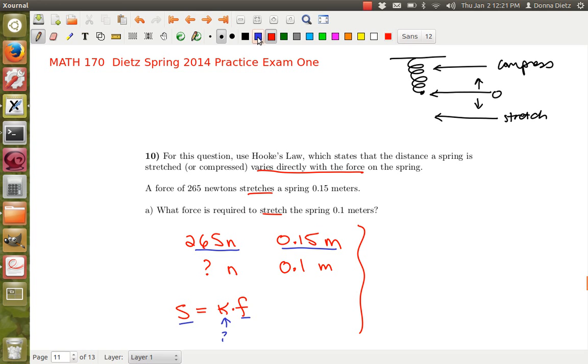Here is the meters, which is the stretching distance, and this is the force side. So stretch is equal to K times force. Stretch is 0.15 meters, K times 265. So 0.15 over 265 equals K.